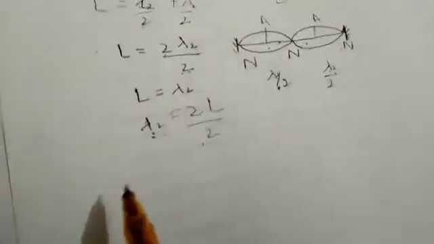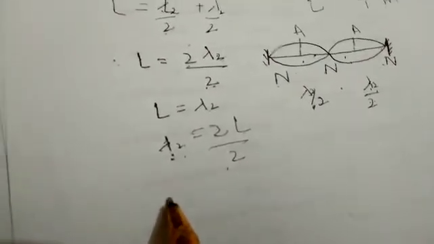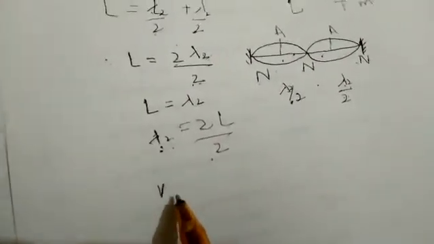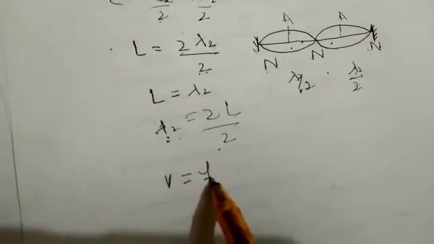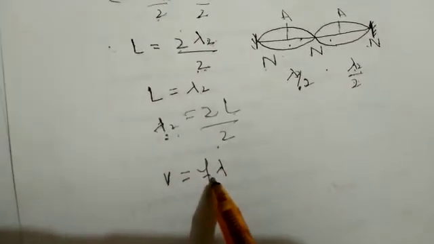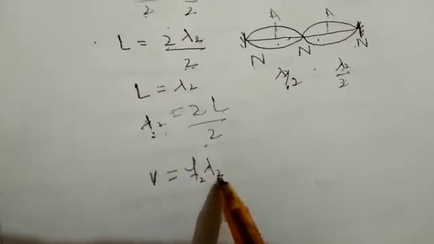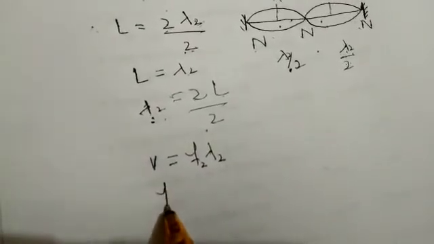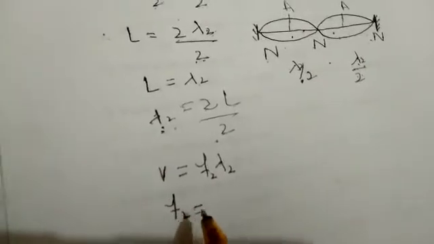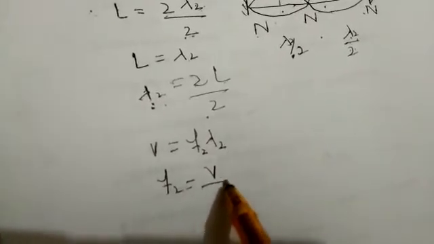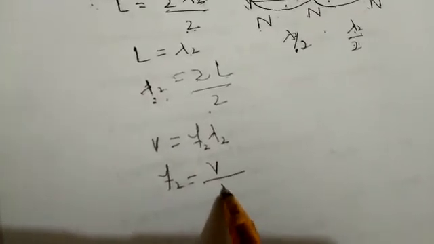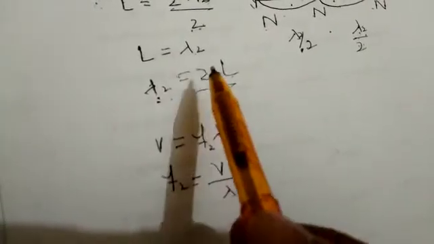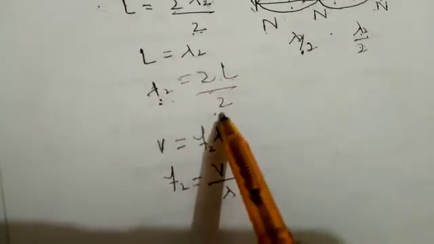Now again we write the expression of the speed of transverse waves, that v is equal to f lambda. For the second case we write frequency f2 and wavelength lambda 2, and for the expression of frequency we can write f2 is equal to v divided by lambda 2. Here we have the value of lambda 2, that is 2L divided by 2.